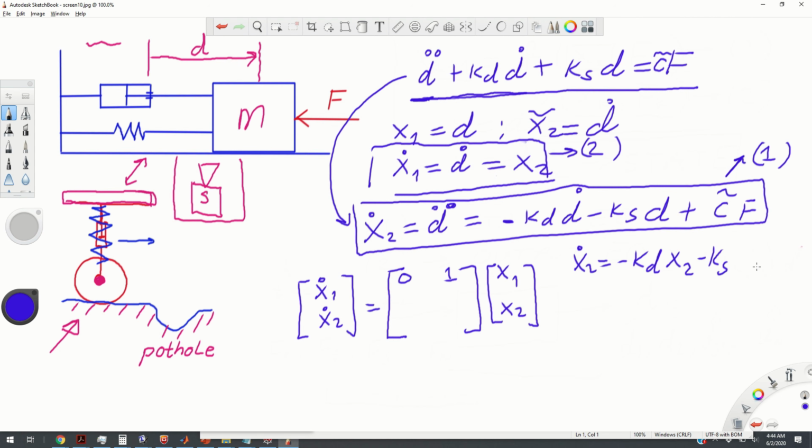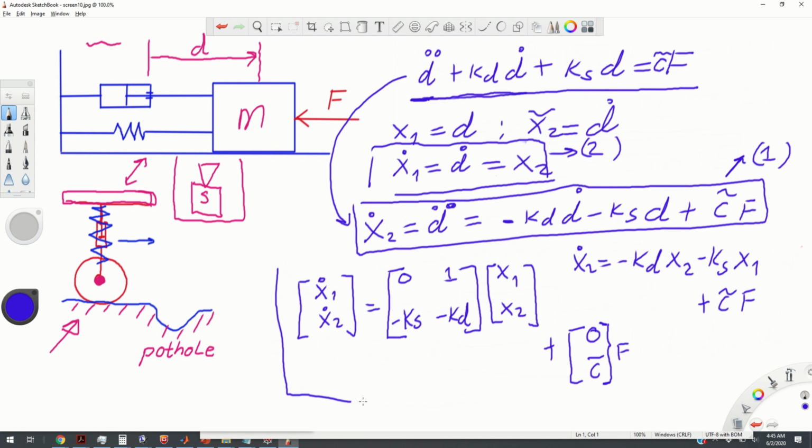Minus ks x1 plus cf. So our equation takes the following form. We are having here minus ks, minus kd, plus 0, cf. So this is our state equation.